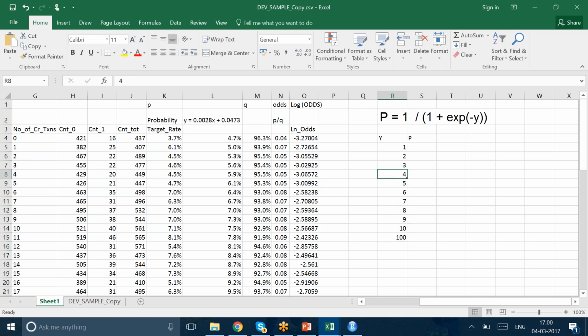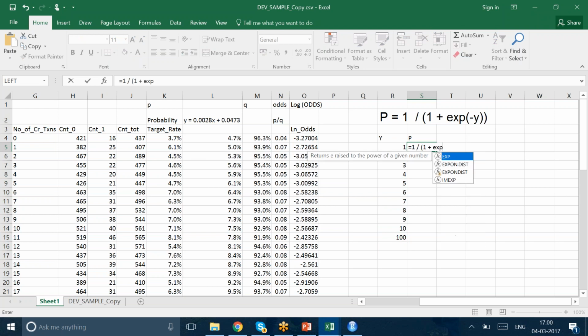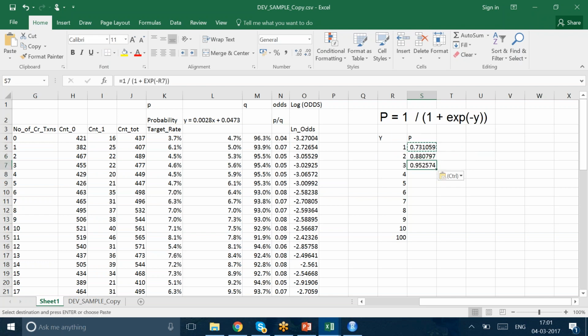What are the corresponding values of probability we get? P is equal to 1 divided by 1 plus exponential of minus this number. We get 0.73, 0.88, 0.95.